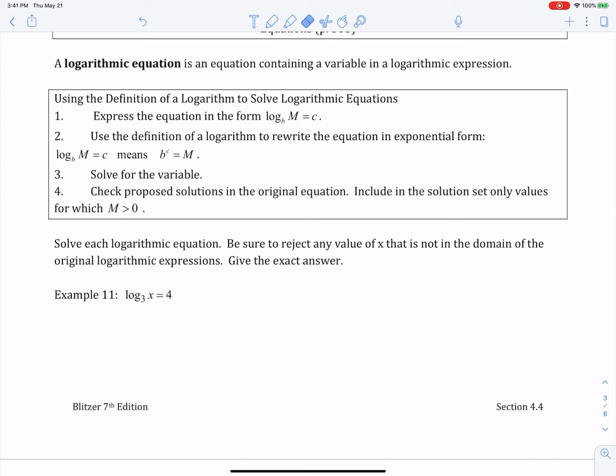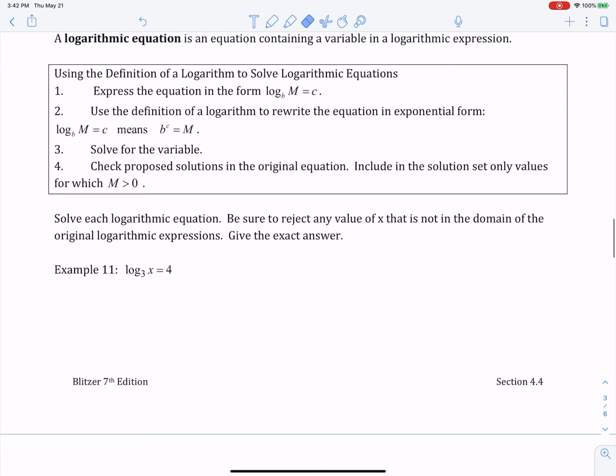We must check all the solutions in the original equation, because as we know, the domain of the exponential function is all real numbers, so the answers may be numbers that make the logarithmic function not exist. In the logarithmic function, we know that the domain is only numbers greater than 0.